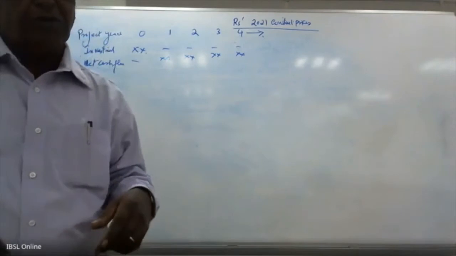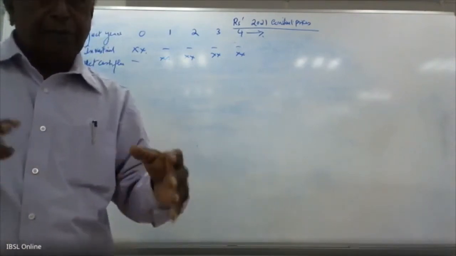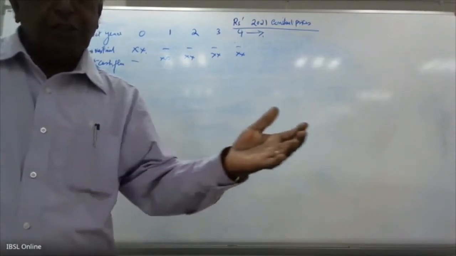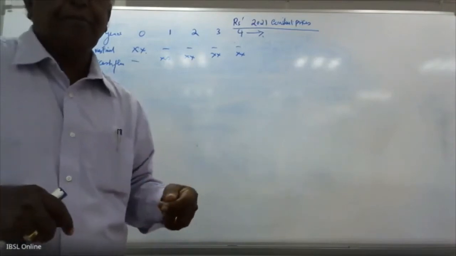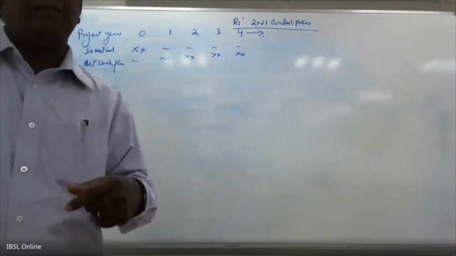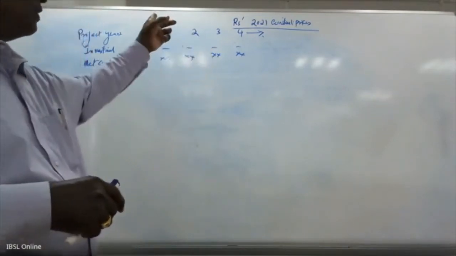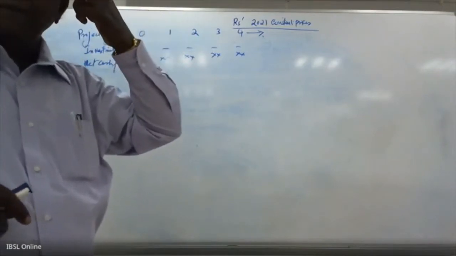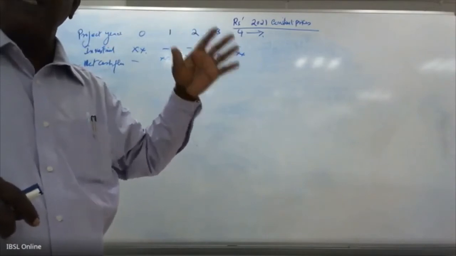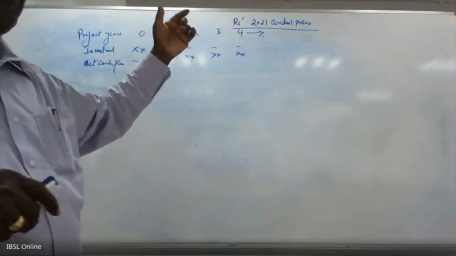These are all wrong. People do this to give a rosy picture, to show the project as viable. So we do it in a correct way. We must use constant prices, whether it is rupees thousands or rupees million or simple rupee, you have to mention it, and we do constant prices.